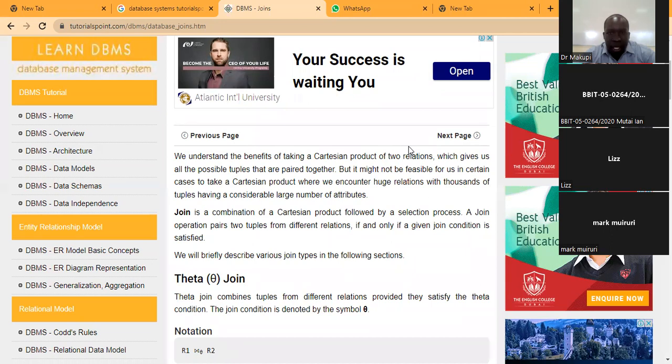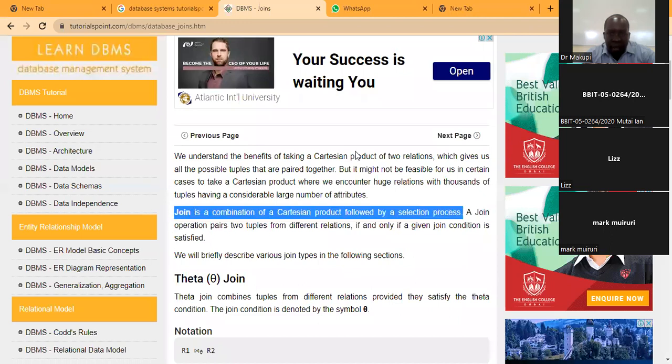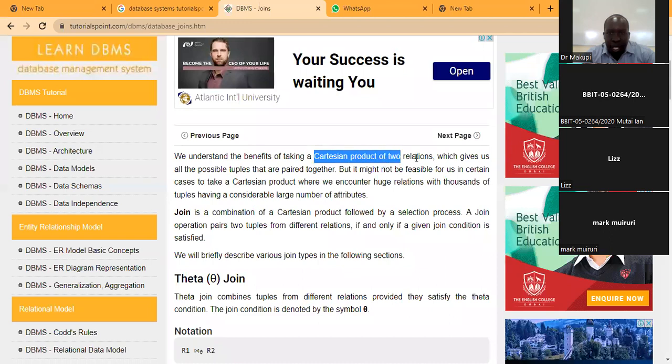Now, what is a join? A join is a combination of Cartesian product followed by a selection process. And remember, I say a Cartesian product of two relations gives us possible tables that can be paired together.